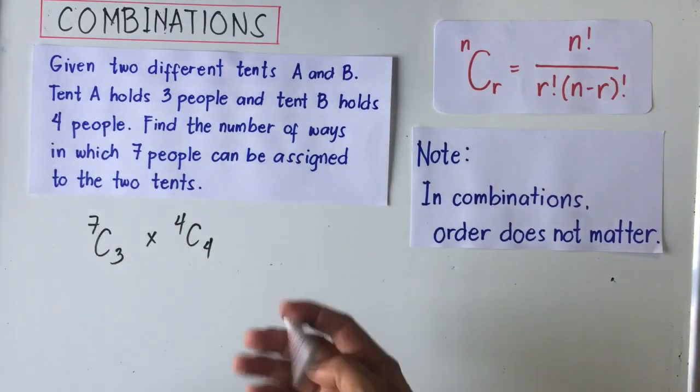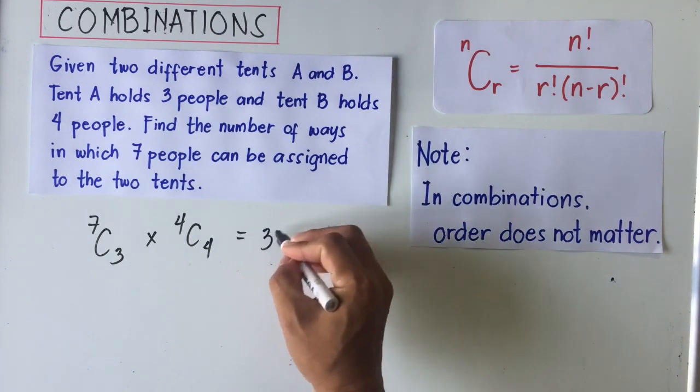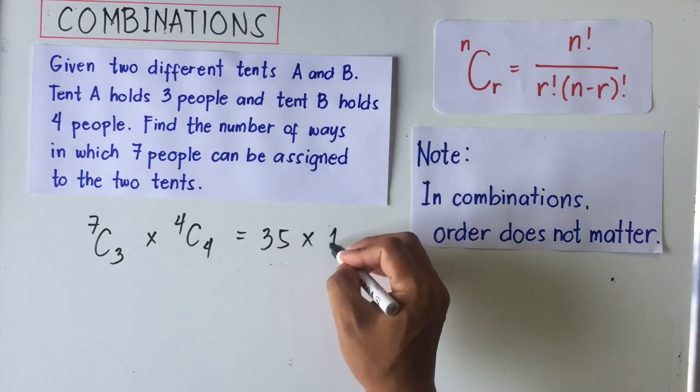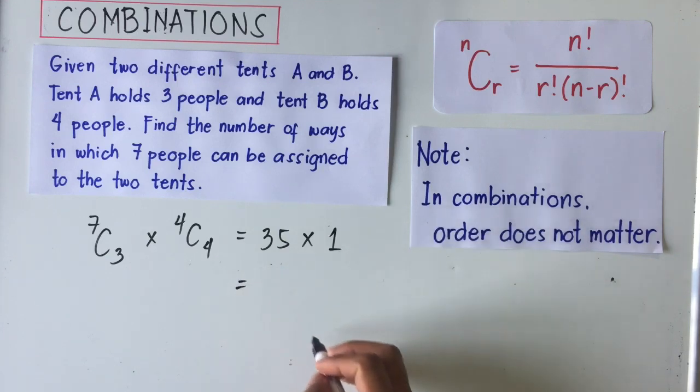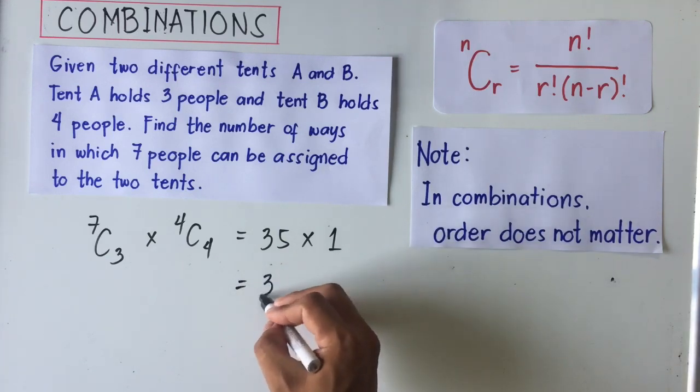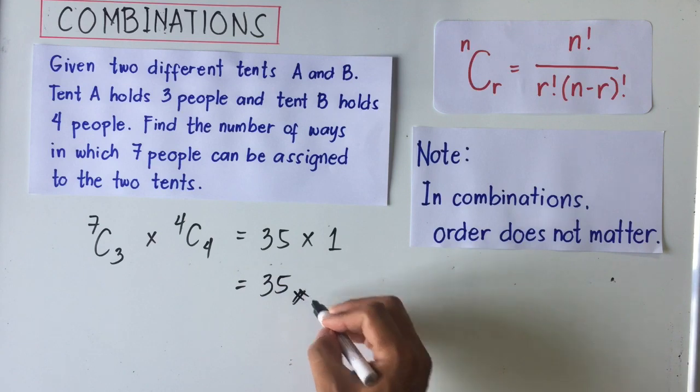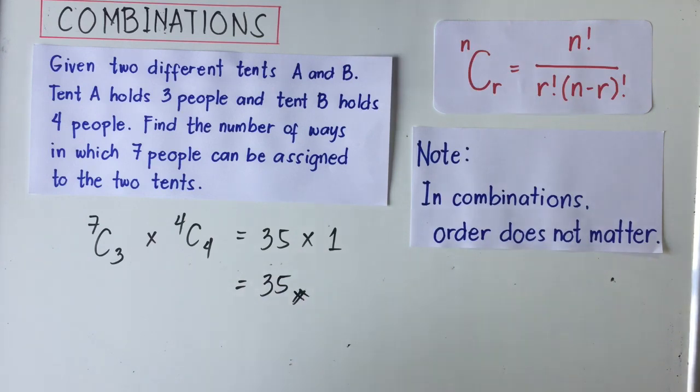So the answer here is 35 times 1, which is 35. That is how easy this one is.